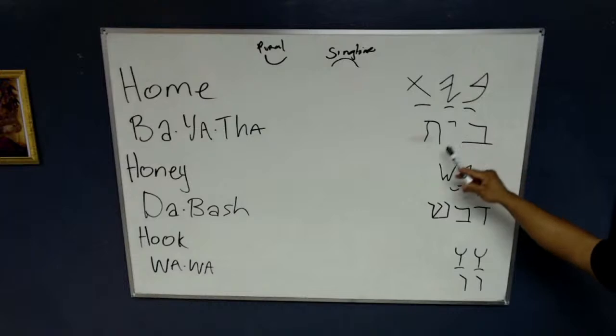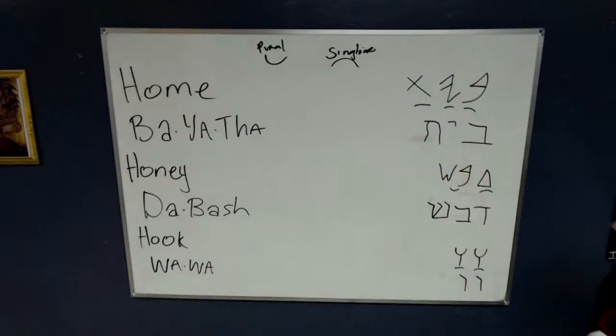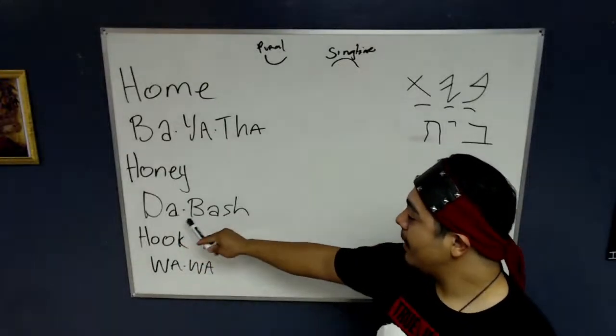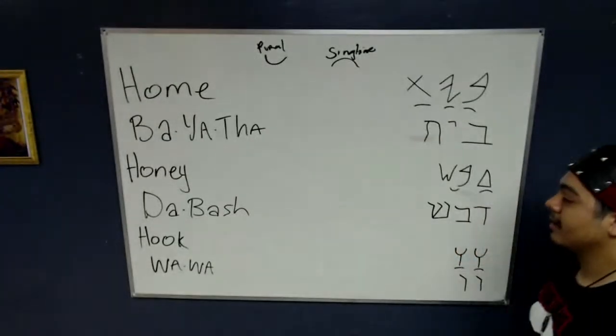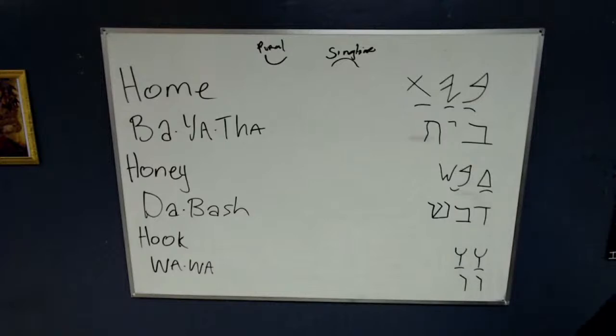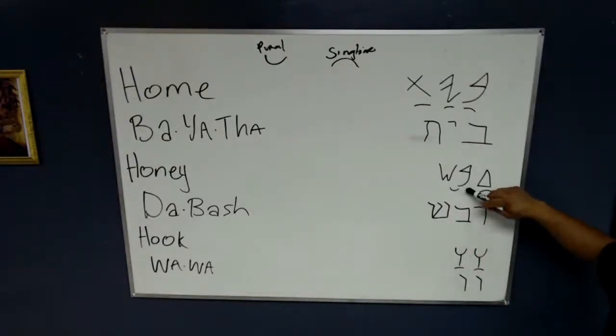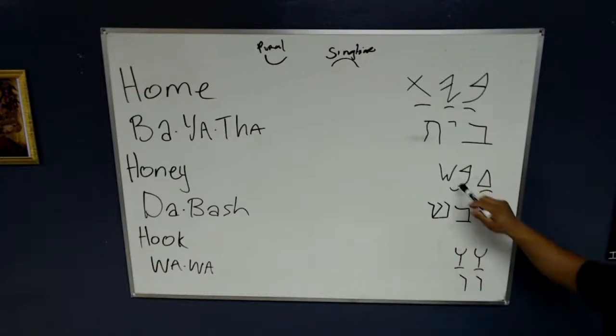Ba ya tha, right? Then we got honey. Da bash, right? Bash has two, right? That's why we're gonna connect them. Da bash. Ba and sha.